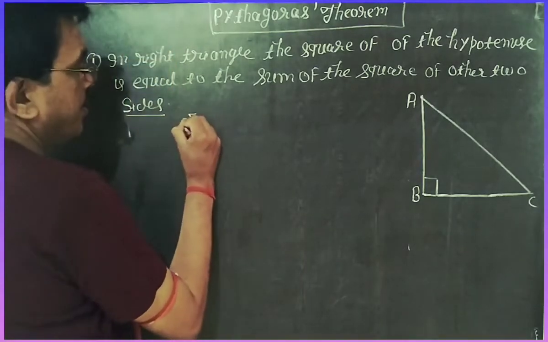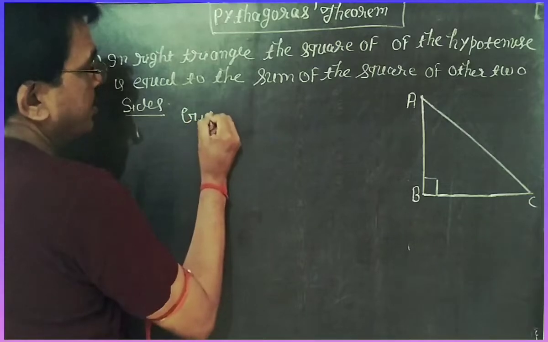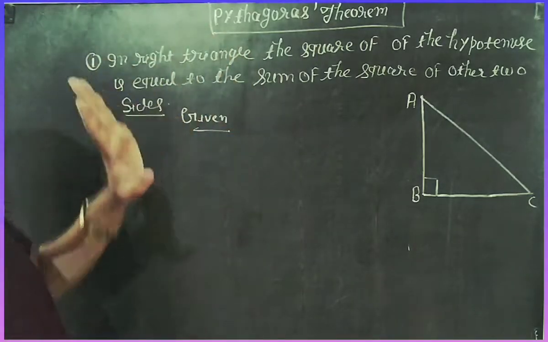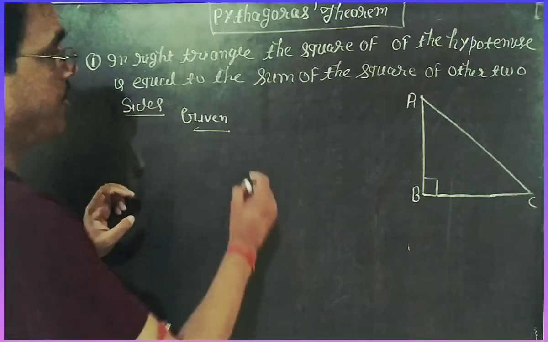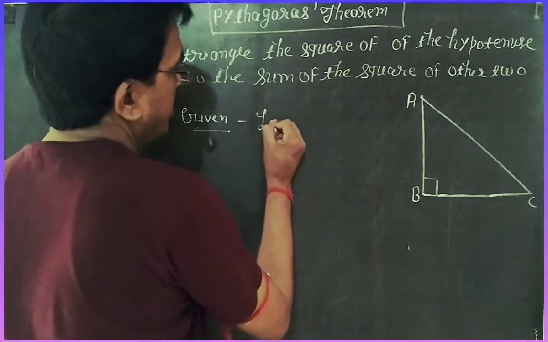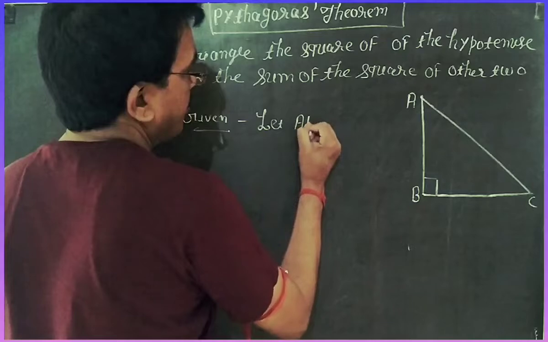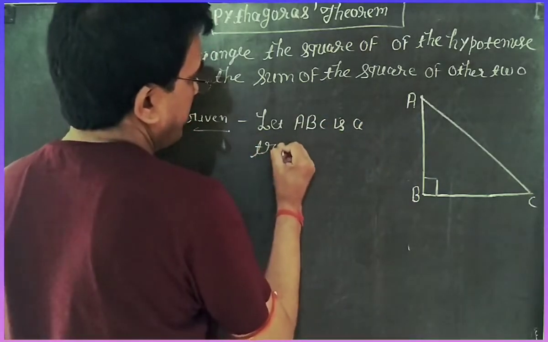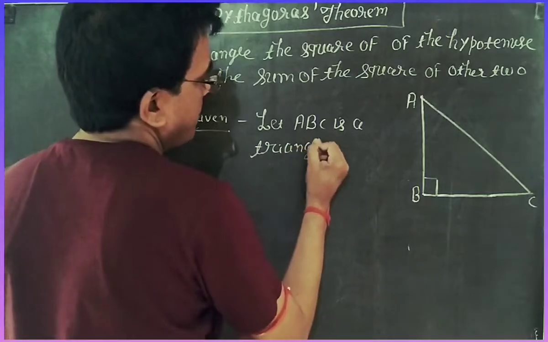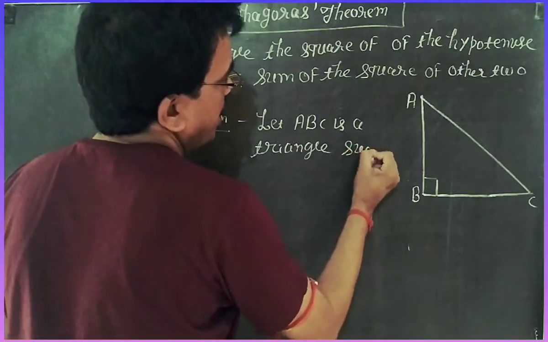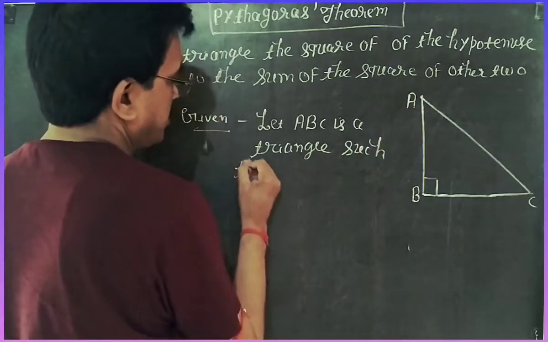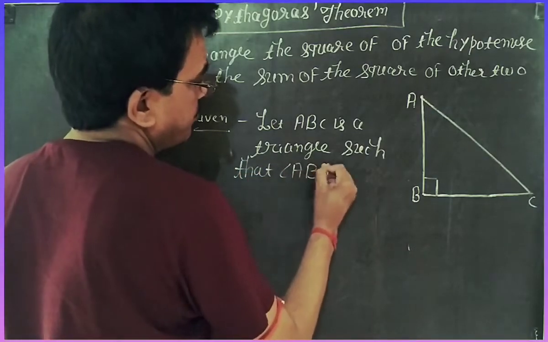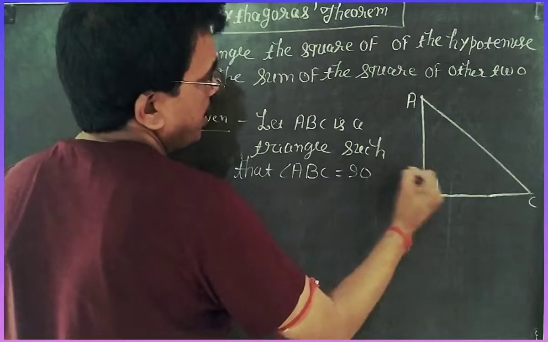First, given. What is given in your question? In your question only one thing is given, that is right triangle. No other thing is given. So first you write, given: let ABC be a triangle such that angle ABC is 90 degree.